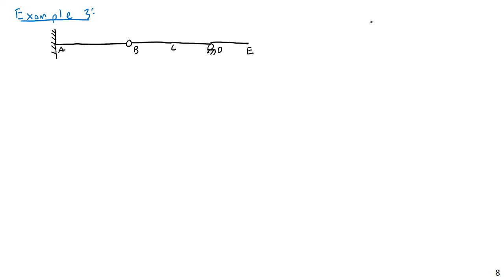A roller would look something like this. Imagine having the beam look like this. This is what a roller would kind of look like. And an internal pin or a hinge would look more like this. So it's important not to confuse the two.